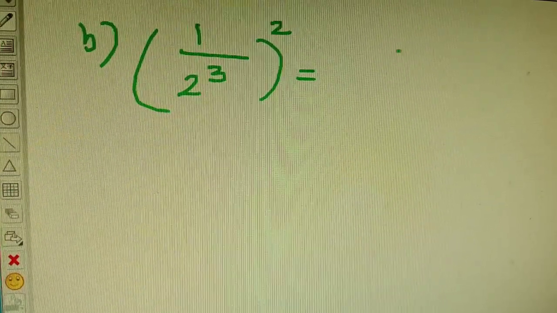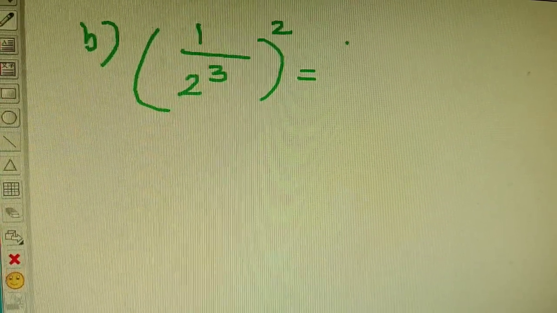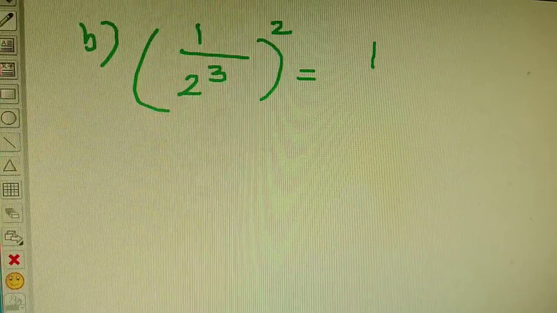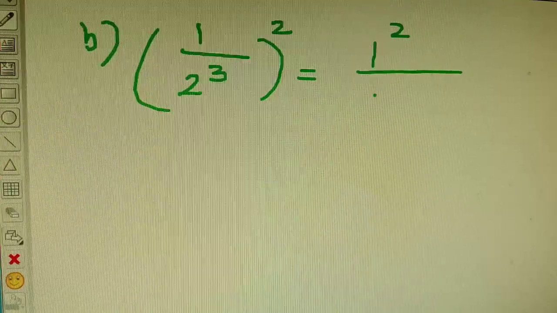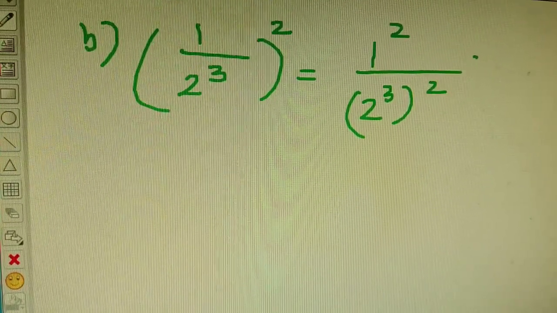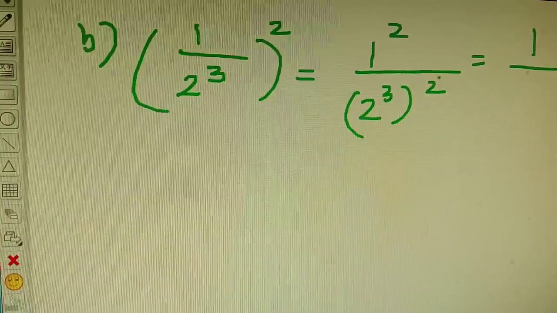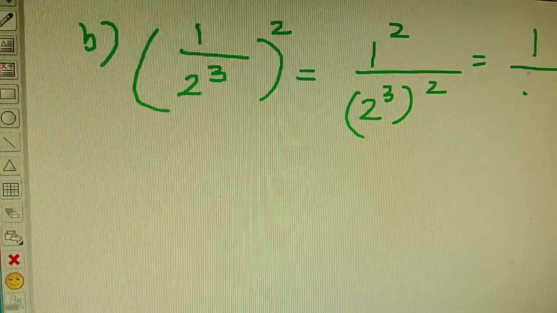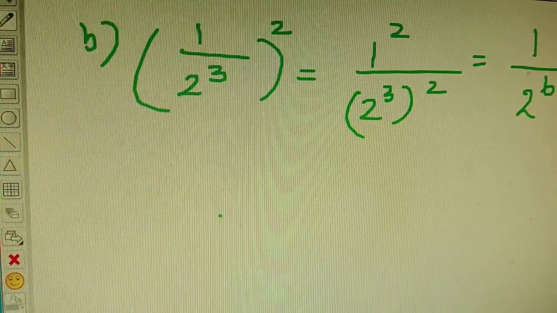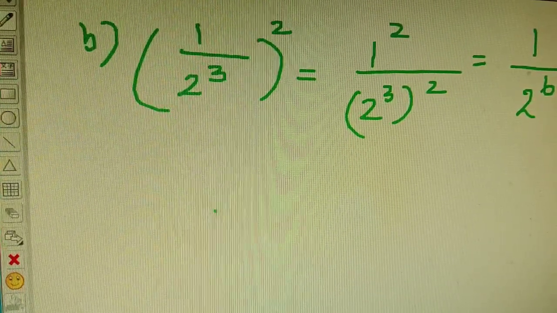So that is simple. That is 1 square by 2 to the power of 3 whole square. 1 square is 1. 2 to the power of 3 whole square is 2 to the power of 2 times 3, that is 6. So answer is 1 by 2 to the power of 6.